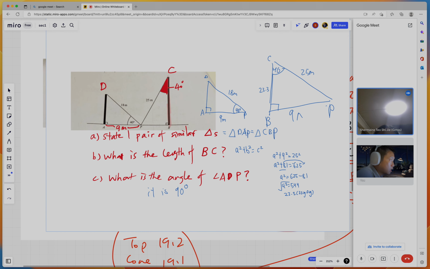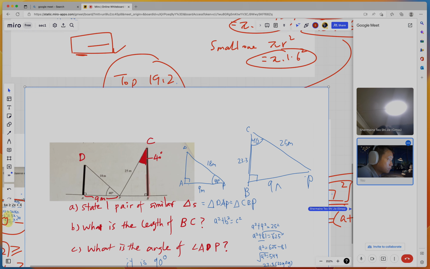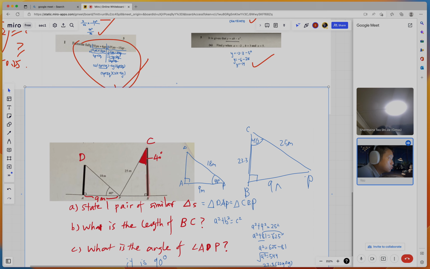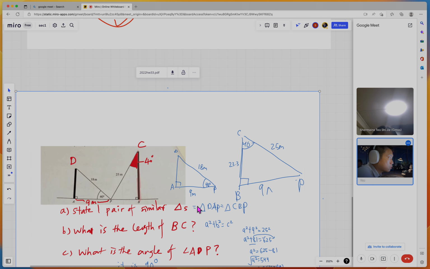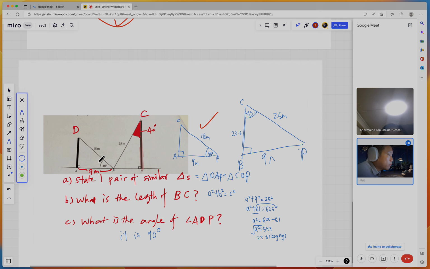So this one is Pythagoras theorem or similar triangle. Did you align or not? Let me see if you have aligned. Okay, this one no problem because you just copied this out only. Right? Yeah.